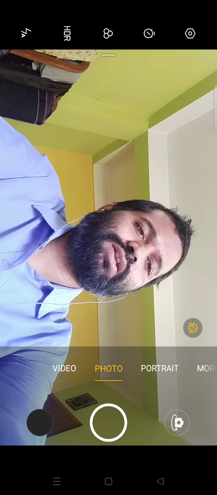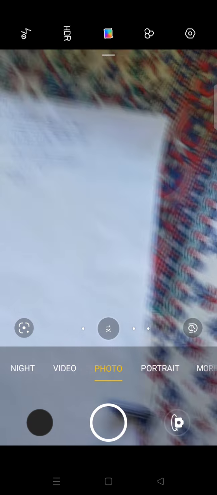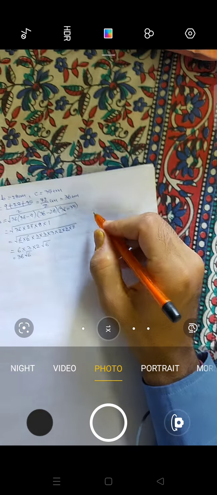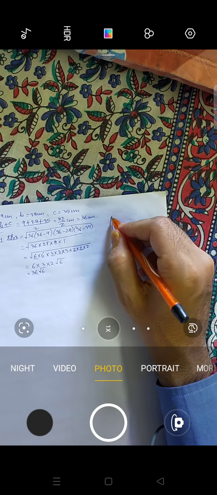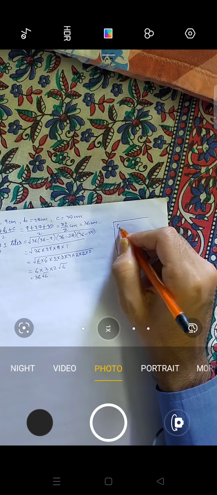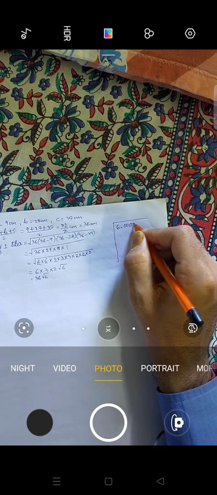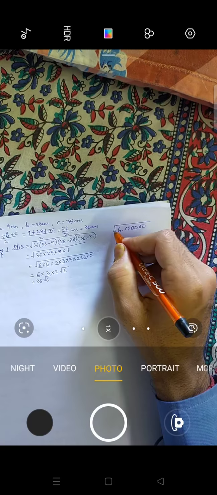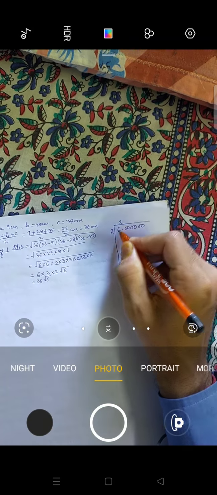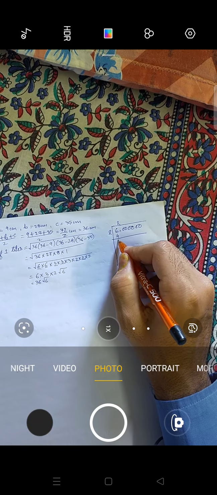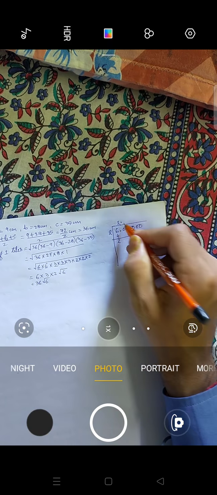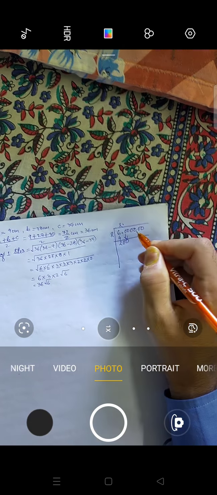So we will find the value of root 6. Like the long division method, we will find the value of root 6, and we know that we will find it up to 3 decimal places. So this is 6.000000. We'll be taking 2, 2 2s are 4. If we take 3, it will become 9, so we can't take that. So 2, the point is there, it will go there, 2 zeros will come down.